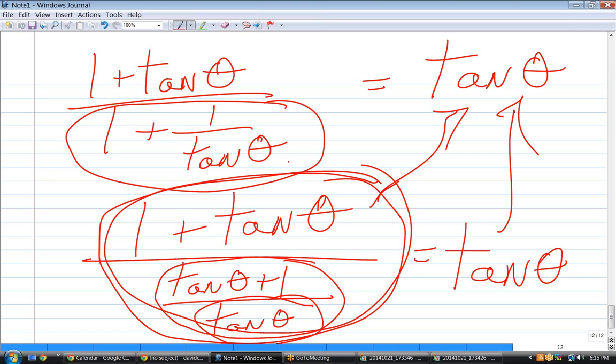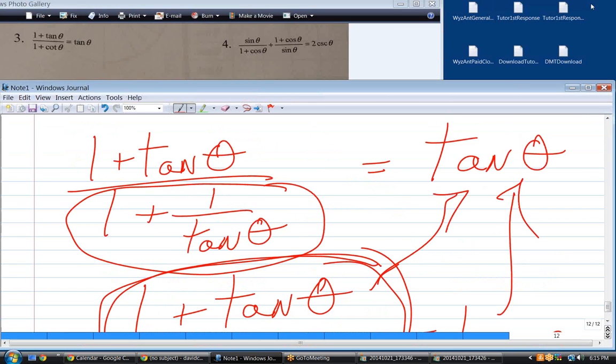First, the very first rule is to see if you can turn both sides of the equation into the same trig function. Notice that once I've converted that to 1 over tan theta, all I have is tan theta everywhere. And now it's just algebra. There's no more trig identities needed once you get the same trig function everywhere.